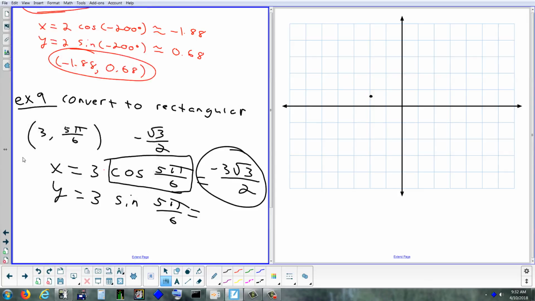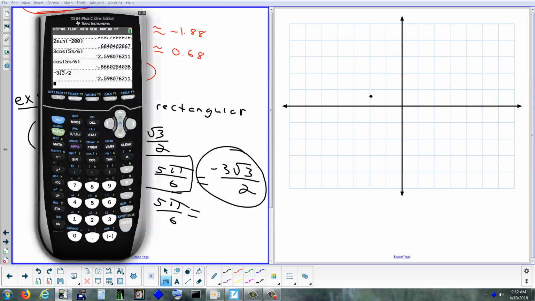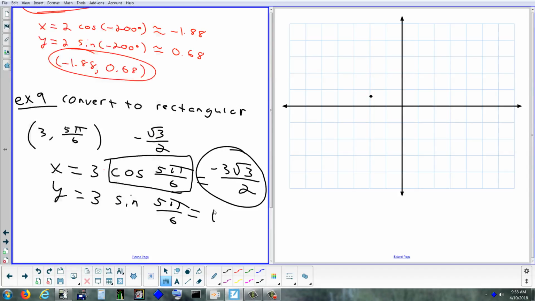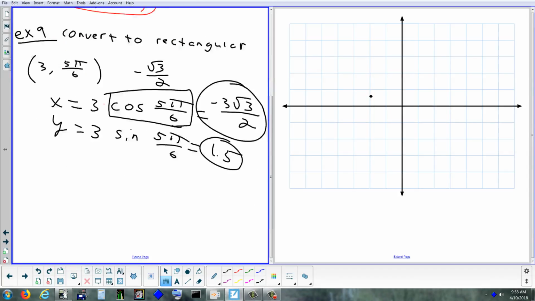All right, if one of them comes out like that, the other one usually comes out fine. So 3 sine 5 pi over 6, and we get 1.5. So the sine of 5 pi over 6 is 1/2 times 3, 1.5. Okay, so just write it as a coordinate.